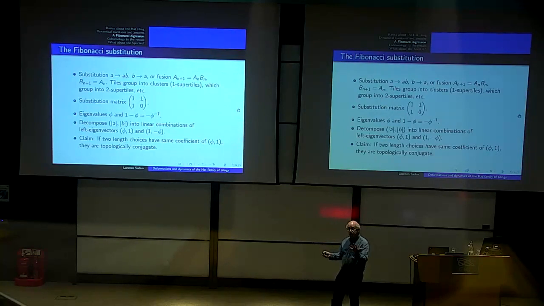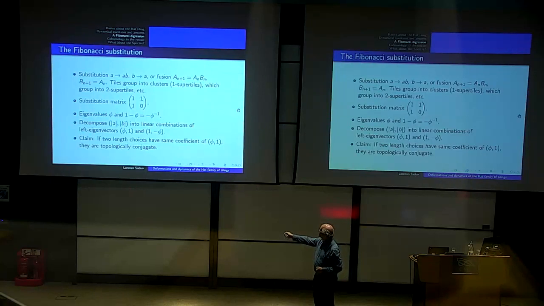Okay. And if we want to understand shape changes, we're looking at sizes. So we're looking at left eigenvectors. So if I tell you how big I want A and B to be, you could always decompose it into a linear combination of the two eigenvectors. And then you see what happens under substitution.